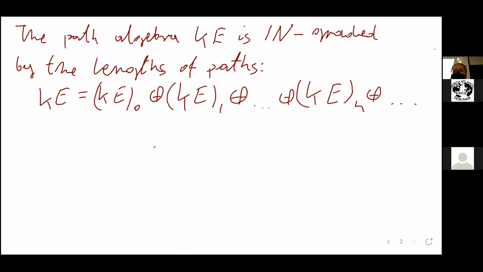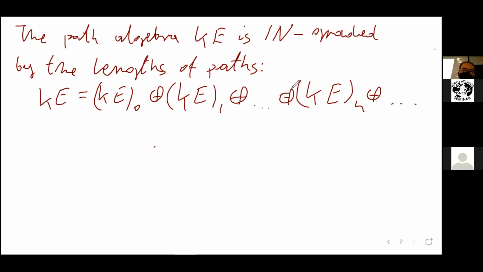Where here, by this index, I mean that I take the linear span of paths of length n, okay? So this makes perfect sense, and obviously every path has its length, starting from 0 to arbitrary natural number, and this is how we can do it.